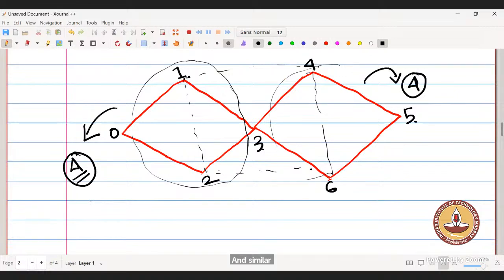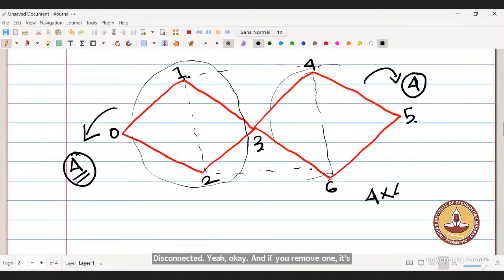If you remove 1 edge here and 1 from here, it is still connected as well as a tree. So the total possible ways is 4 times 4, which is 16.